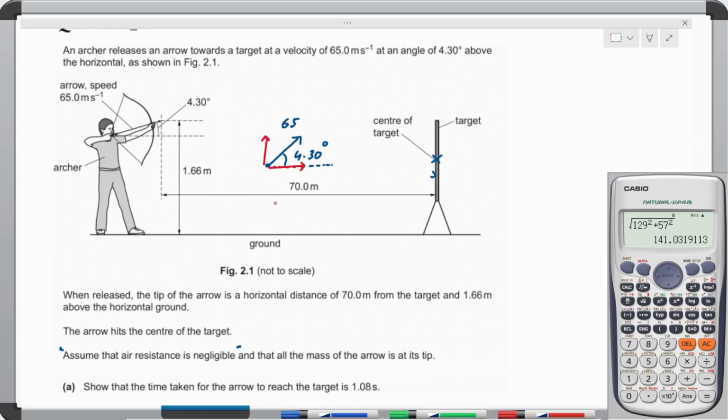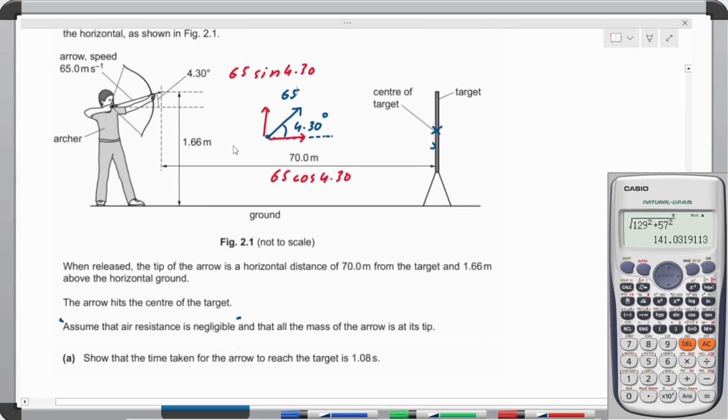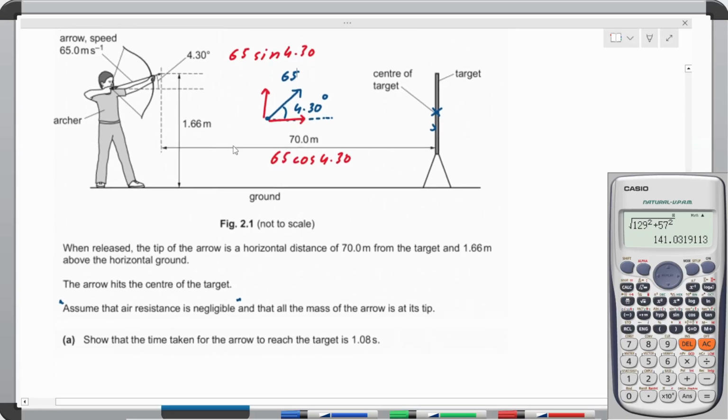So initial horizontal component would be 65 times cos 4.30, and initial vertical would be 65 times sine 4.30. So in the first part, they ask you to find the time taken for the arrow to reach the target is 1.08.